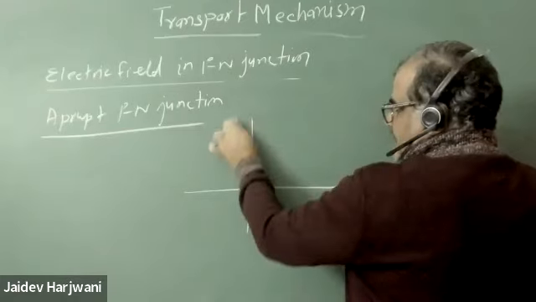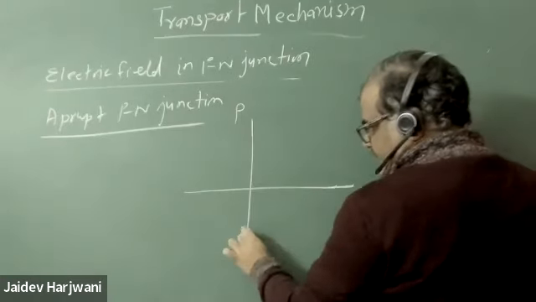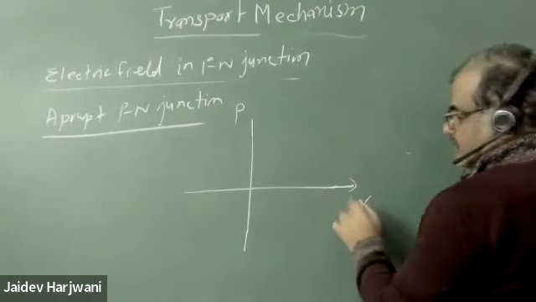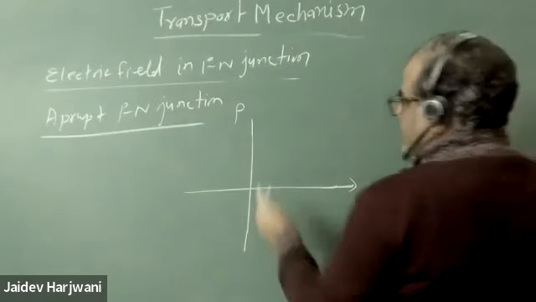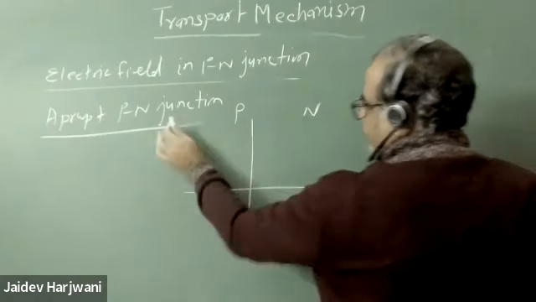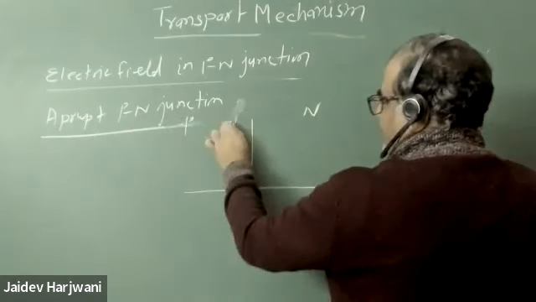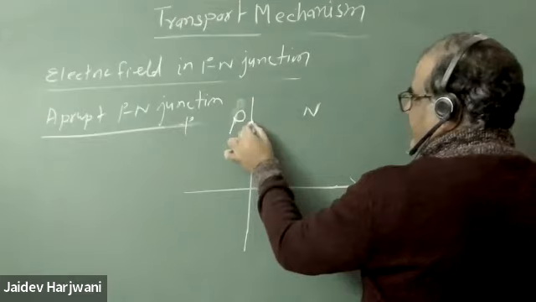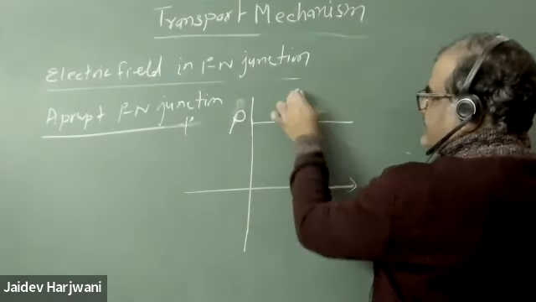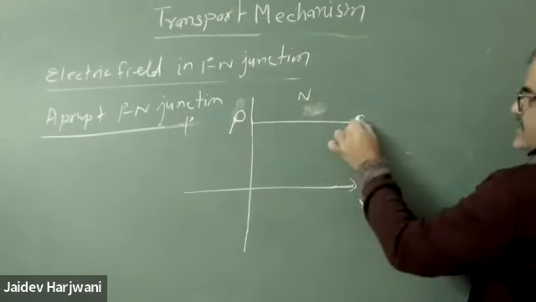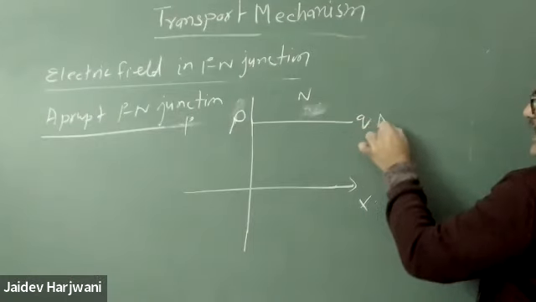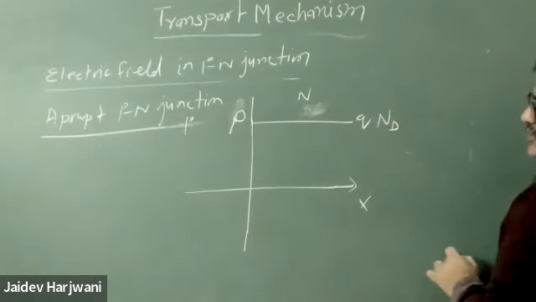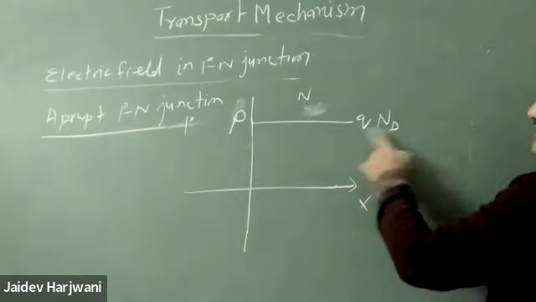If I plot the charge density curve here, charge density versus x, this is my n type and this is my p type. Here in the n side we have plus charge. Charge density is charge into concentration of dopant, q Nd.